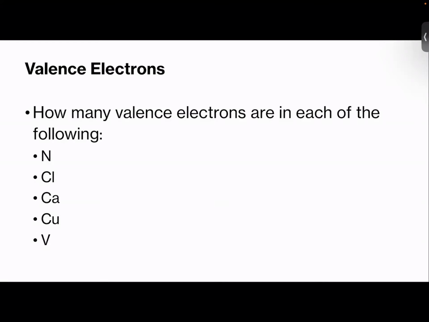Group 2, the last digit of 2. 1, because it's in group 11, which is an anomaly. 2, because it's a transition metal that is not an anomaly. That, folks, should be easy points. Should be quick to click off.